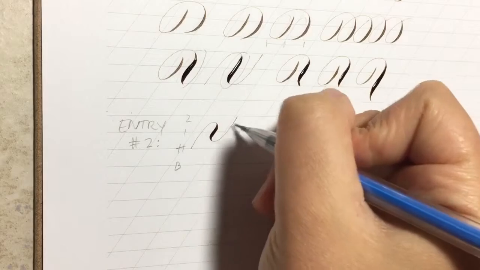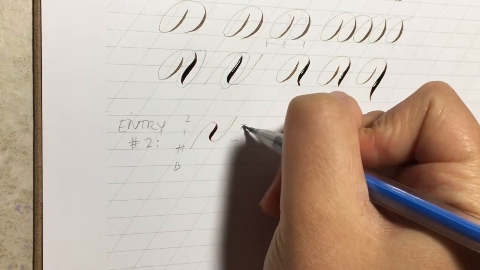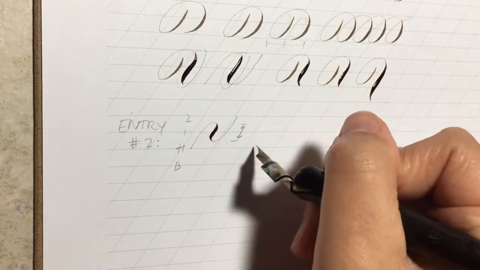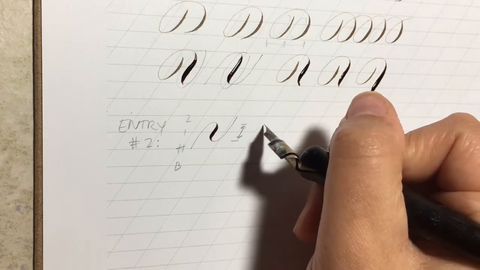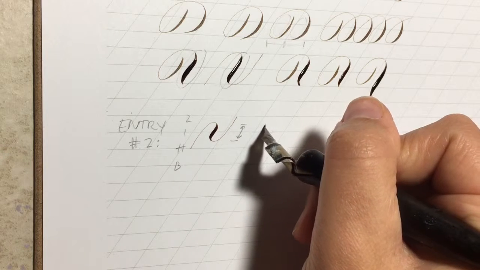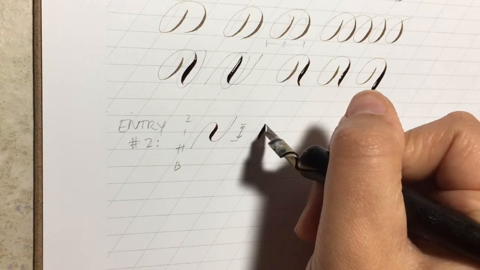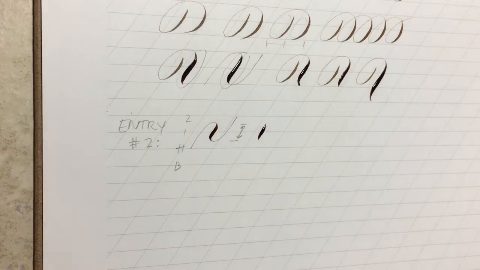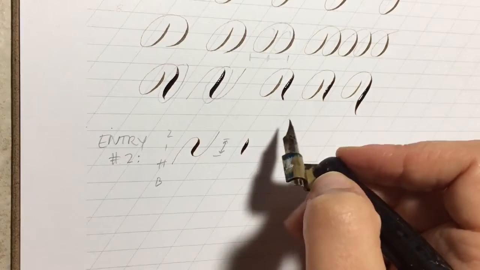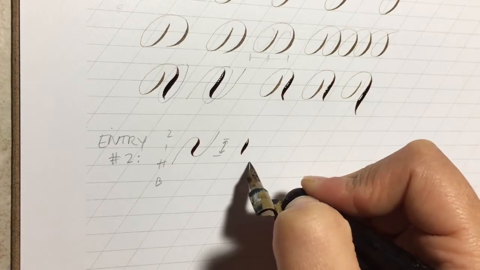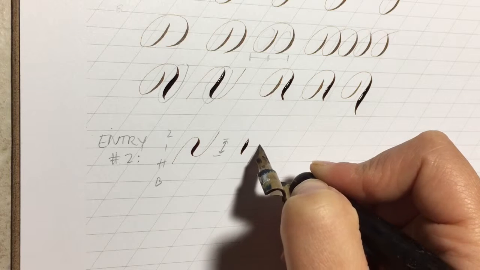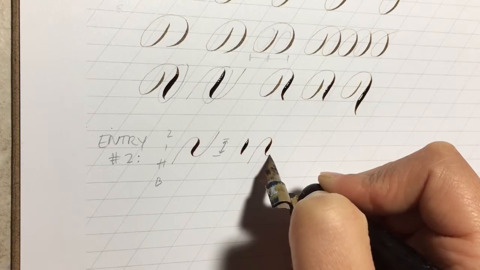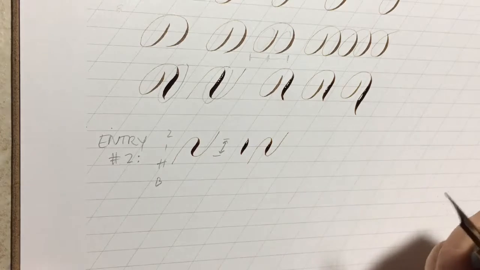So the actual shade is about 1x height, except shifted up so that it starts halfway between the second ascender and first ascender and ends halfway between the header and the first ascender. So again, starting at the header line, come up above the first ascender, curve around, make the swell, and then come back up.